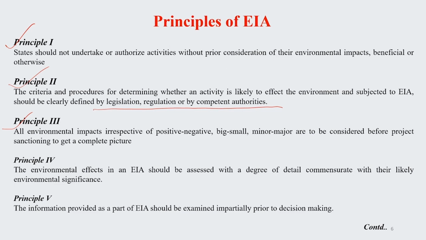No, ideally that should not happen. Principle number 4, the environmental effects in an EIA should be assessed with a degree of detail commensurate with their likely environmental impact or significance. Number 5, the information provided as a part of EIA should be examined impartially prior to decision making.